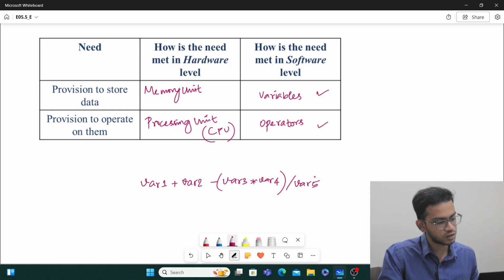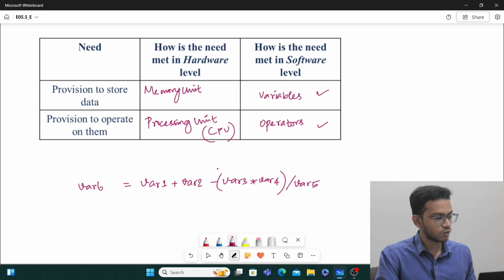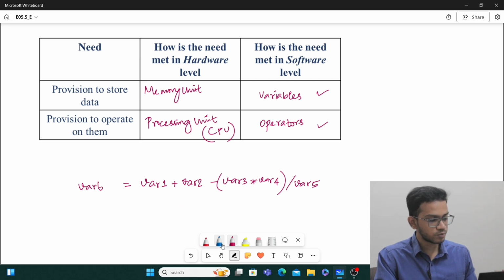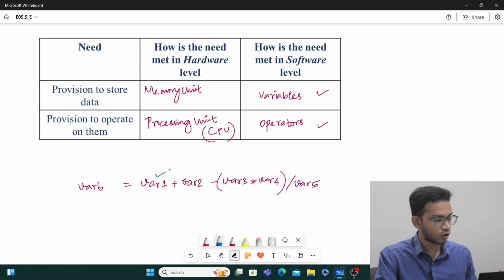Let this be assigned to another variable, maybe variable 6. So what am I doing here? I am writing a simple equation which uses all the variables which are implemented in the memory unit in the hardware.